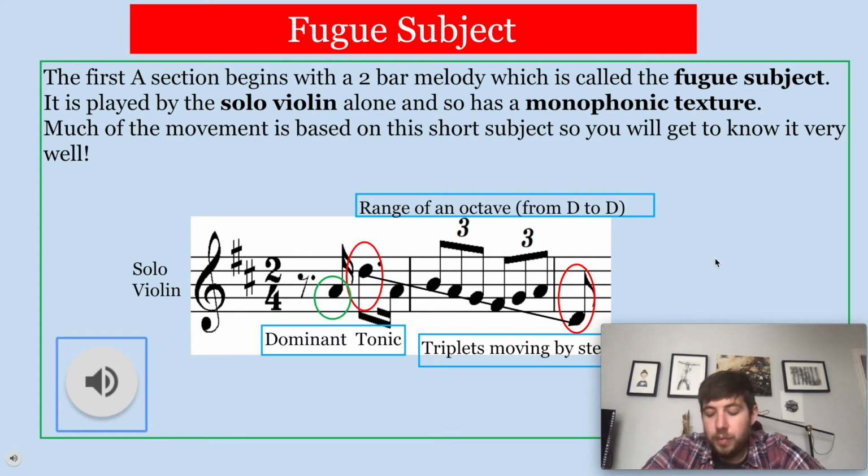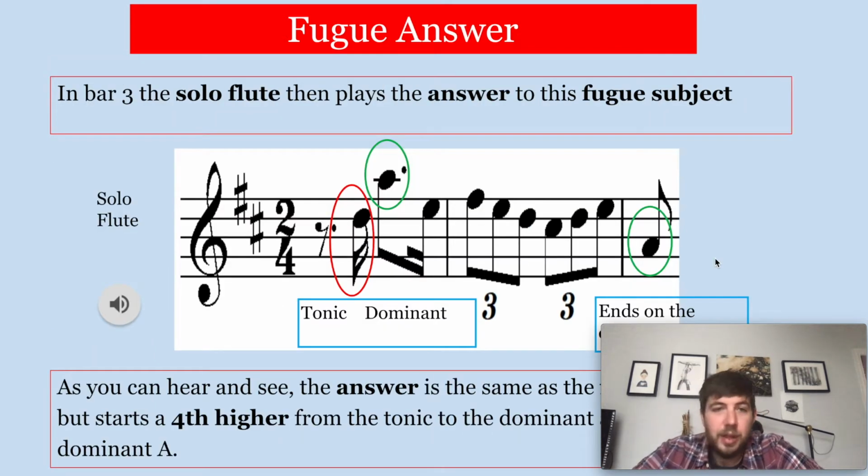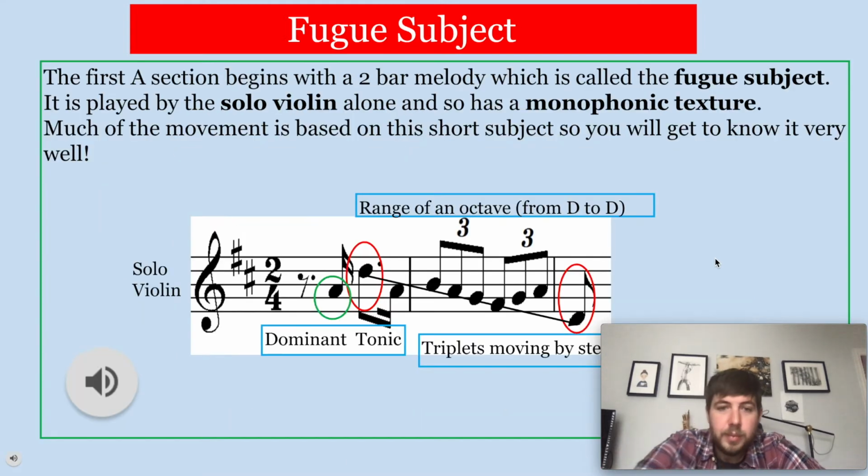Now, in response to that, there's a clever thing which is played by the flute, which is the fugue answer. And this starts in bar 3. And it's played by the solo flute, which answers what the violin's just played. If you have a look, the pattern is pretty much exactly the same.